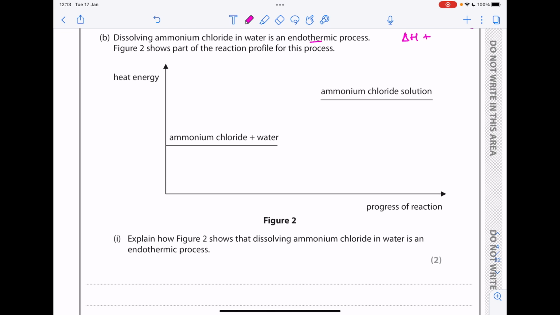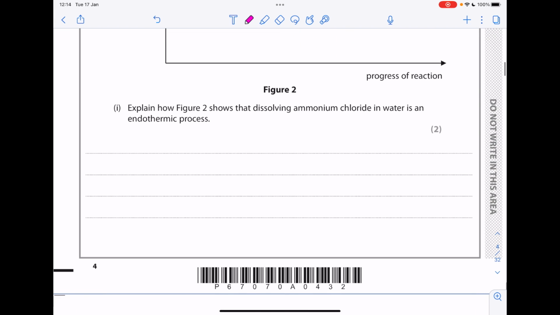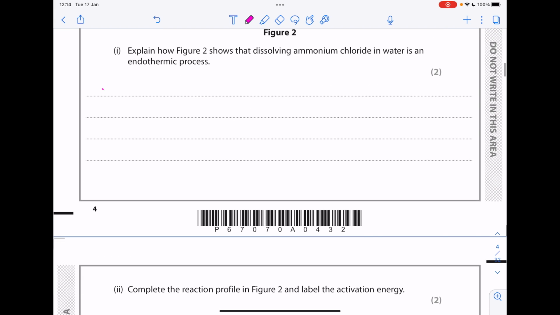So the main thing here is that our product, the ammonium chloride solution, has more energy than our reactants, the ammonium chloride solid and water. And therefore that energy change here, if I was to draw it on, as I've already said, is positive. And that indicates therefore that heat energy has been taken in, which is our definition of an endothermic reaction. So the products have more energy than the reactants.